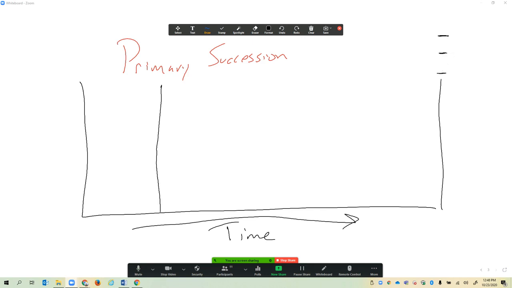What are some things that can lead to primary succession taking place? What would lead to primary succession?